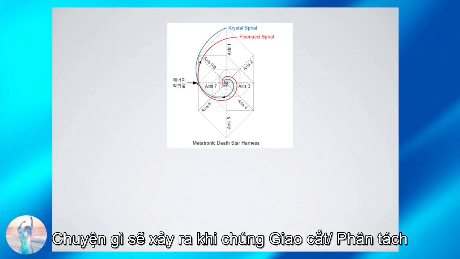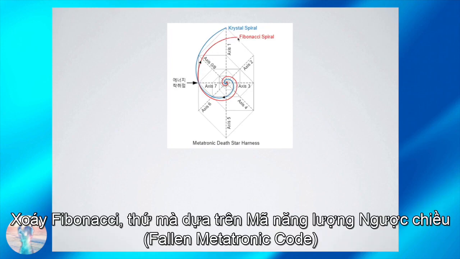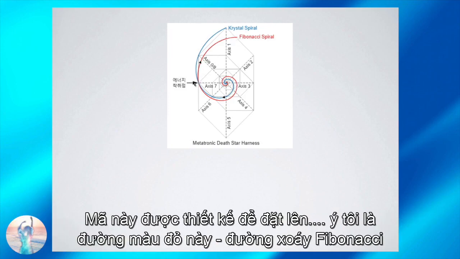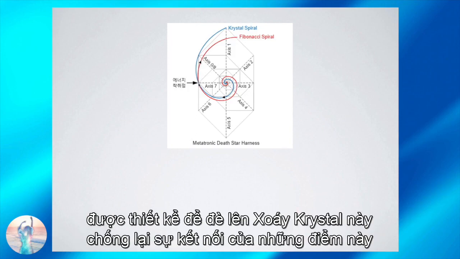Now, what happens is when they cross, the Fibonacci spiral, which is based on the fallen Metatronic code, this red line, is designed to grab onto the crystal spiral and prevent the crystal spiral from connecting to these points.